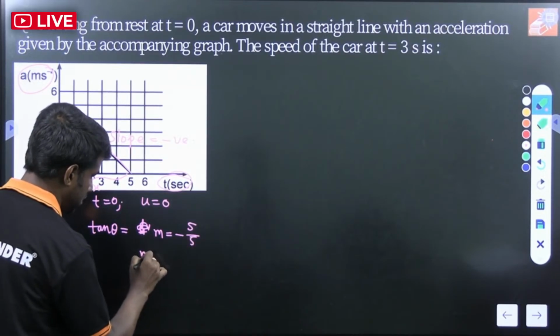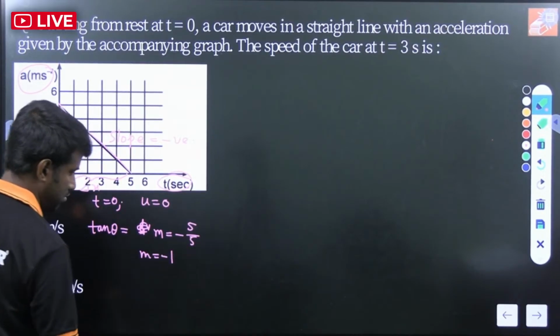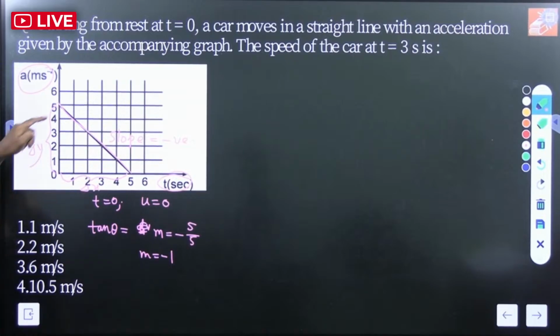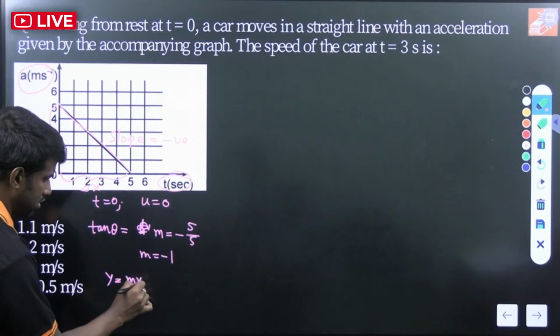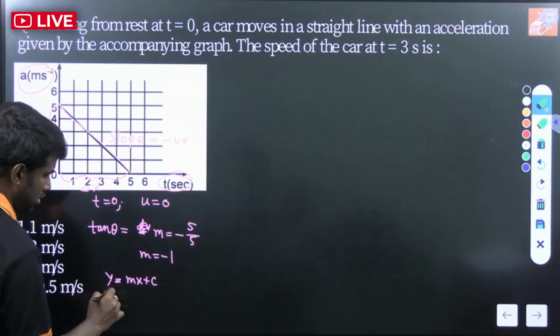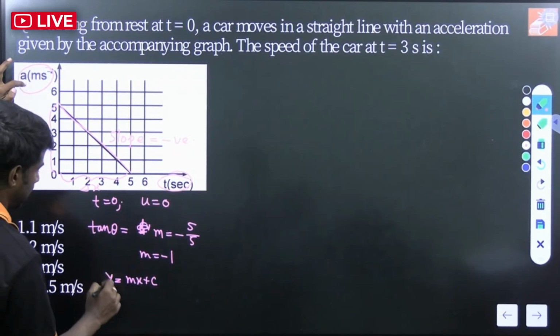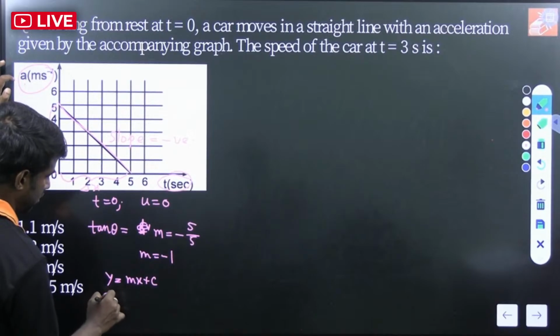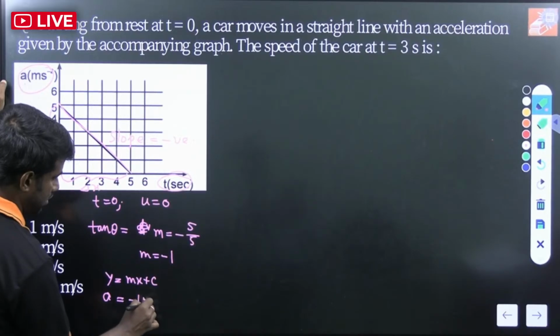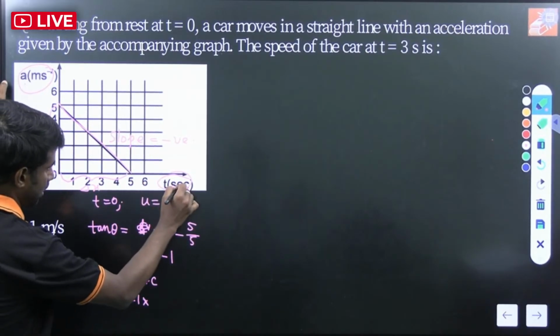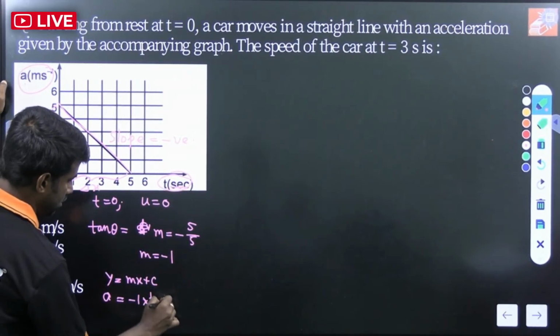So slope is minus 1. And that equation is a straight line. So of course this equation is y equal to mx plus c. So y is the variable here, acceleration. We can write acceleration is equal to m, which is minus 1, into x, which is your time, x-axis is time, plus c value.